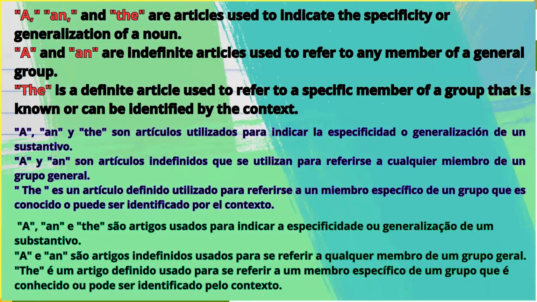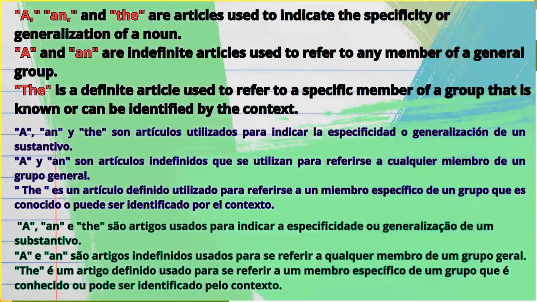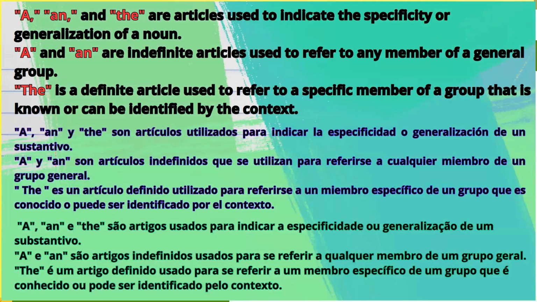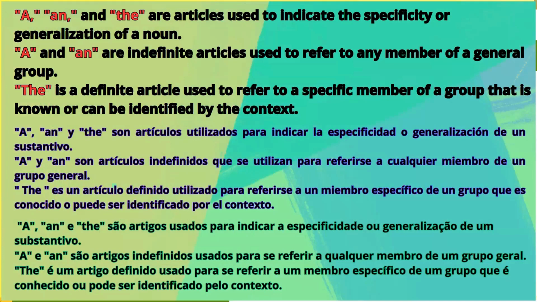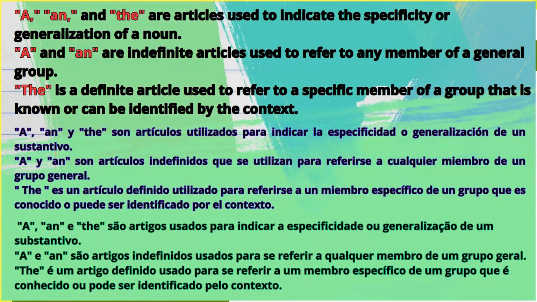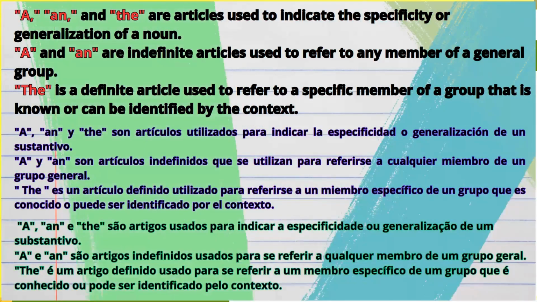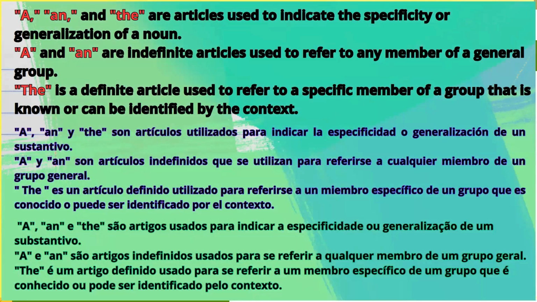A and an are indefinite articles used to refer to any member of a general group. The is a definite article used to refer to a specific member of a group that is known or can be identified by the context.